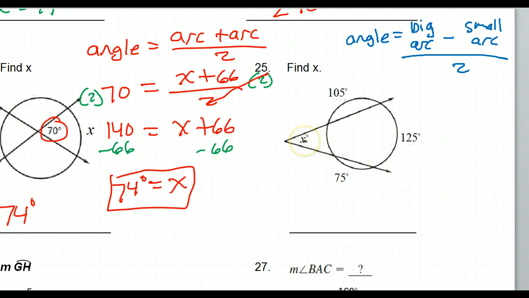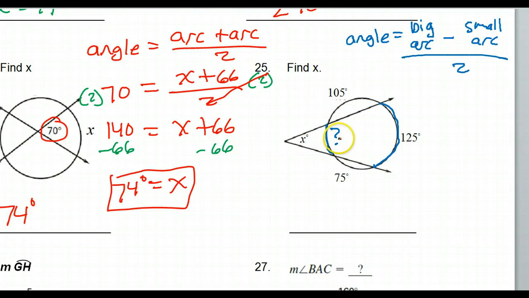So in this case, the two arcs that we need are this arc right here, that's 125, and this arc right here that right now is not known. I have to have both of these arcs. The angle is already a variable, so I can't have any more variables.